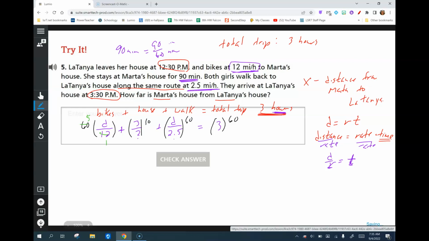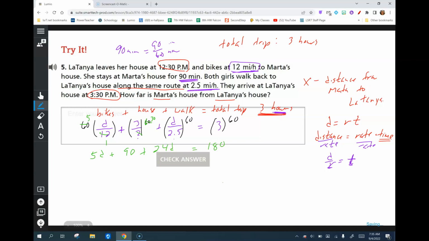I'm just taking 60 divided by 12, and so I get 5D. 2 goes into 60 30 times, so 3 times 30 is 90. 2.5 goes into 60. That's not one we just know off the top of our head, but all we're doing is taking 60 divided by 2.5, and we get 24D is equal to 180.